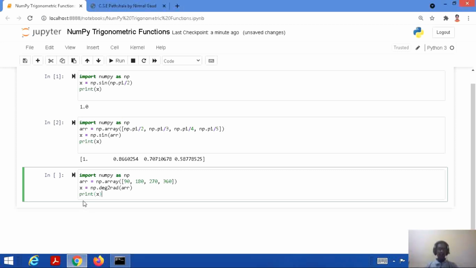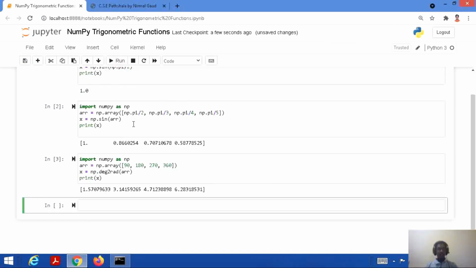We have a function to perform this: x equal to np.deg2rad, that means degree to radians, and arr is the argument we give to this function. Then we print the value of x. It's a straightforward approach. Let's save this code and run it. Each and every value of the NumPy array has been converted into radians.